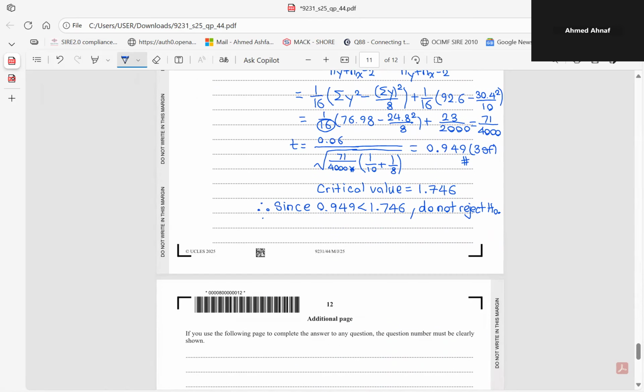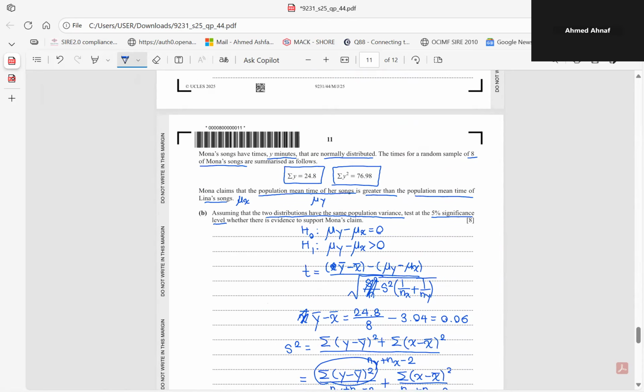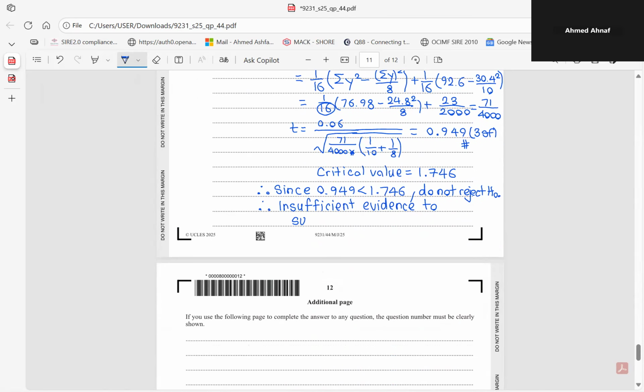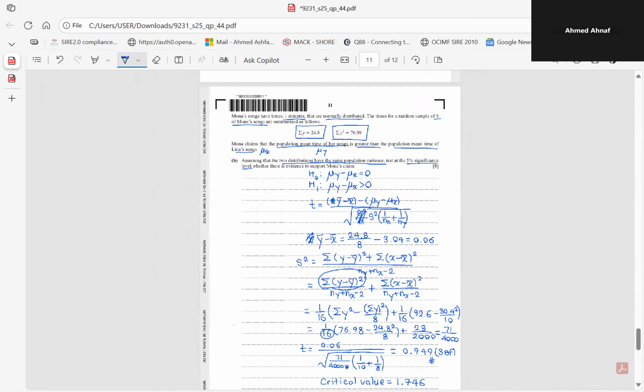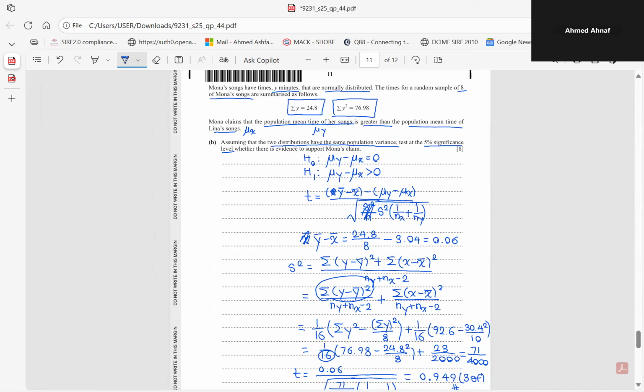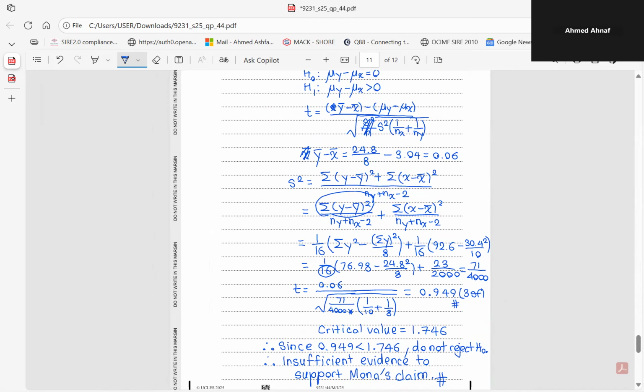So we can say that there's insufficient evidence to support Mona's claim. Yeah, so this is our final answer for this last part of the last question, as well as the entire question.